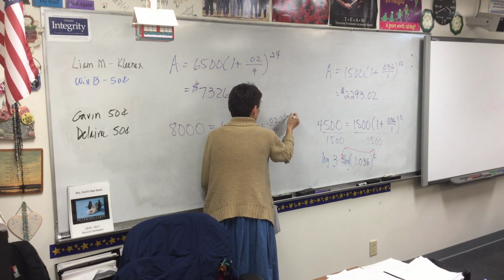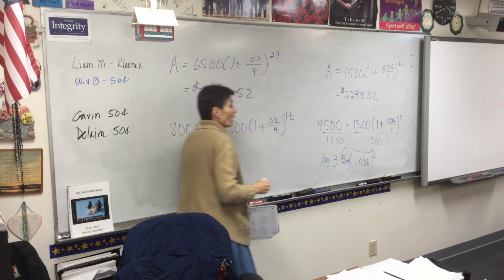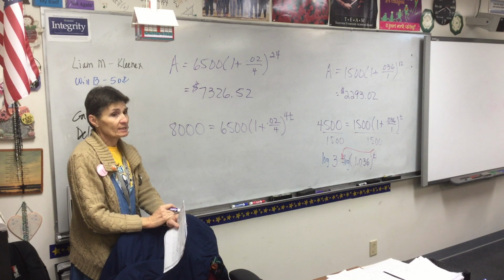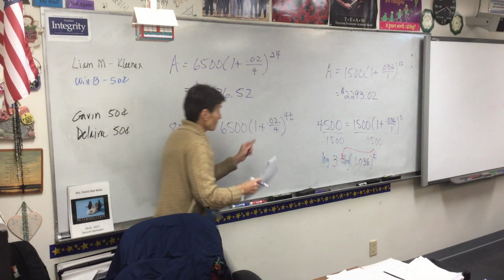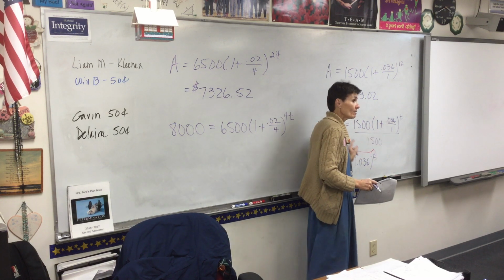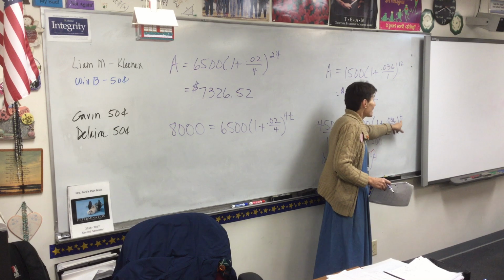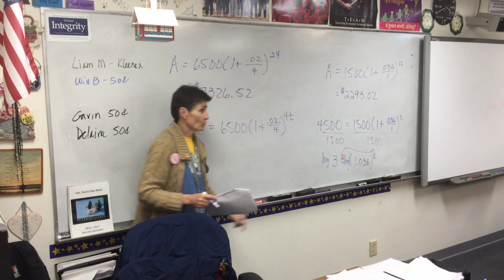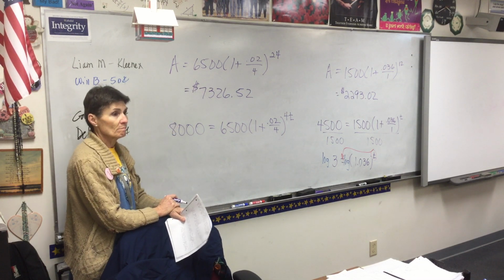Now, there's a 4 up here and a T. I don't know how many years it's going to take, but that exponent is not a plain T, it's a 4T. It was a plain T over here because we were compounding annually, so it was actually a 1T. Here you've got to have that 4T. Is that okay with everyone?